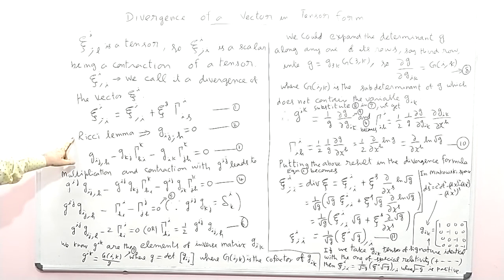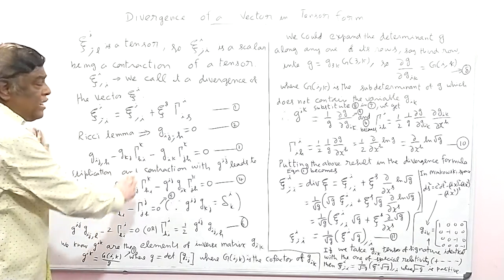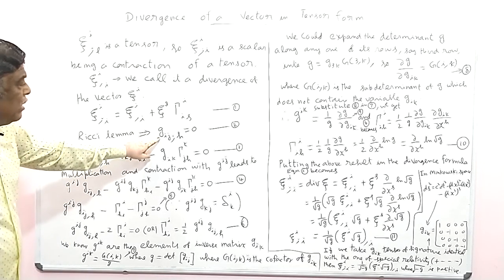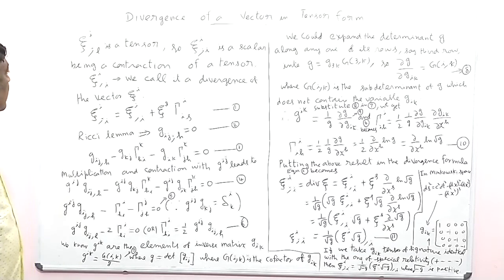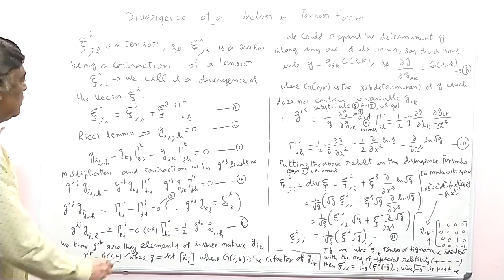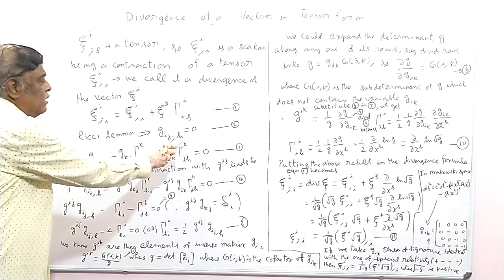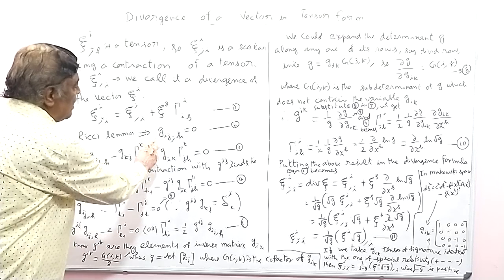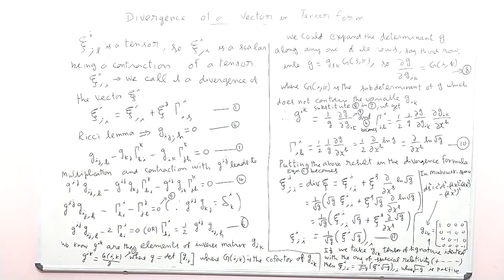Now we have already shown the Ricci lemma. Here g ij is the covariant metric tensor. You find the covariant derivative of g ij with respect to the coordinate x. If you find this covariant derivative is 0, this is the Ricci lemma.